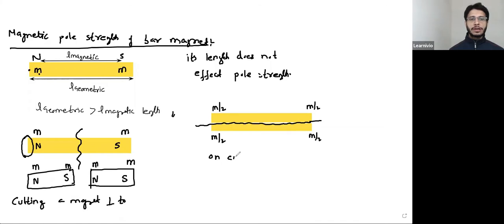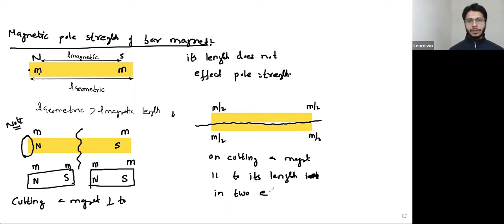on cutting a magnet, you will use all these concepts in numericals. On cutting a magnet parallel to its length in two equal parts, pole strength would be halved.